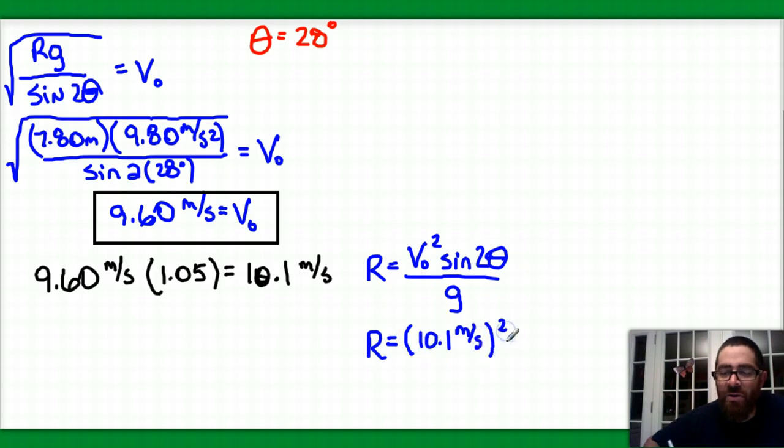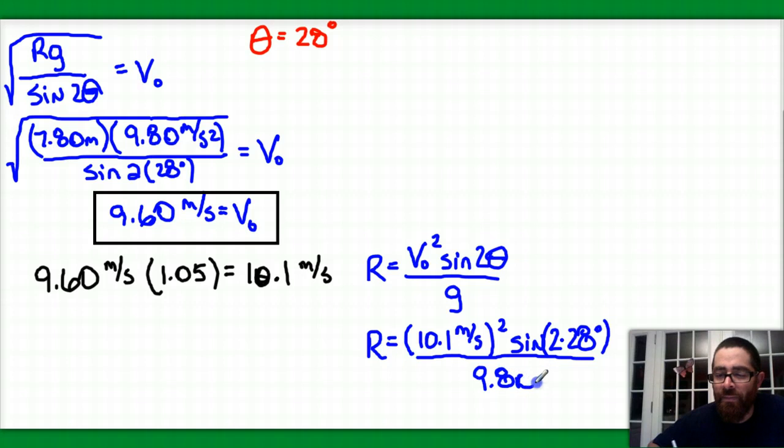I need to make sure that I remember to square that. The sine of 2 times 28 degrees, again, that's going to be 56, and all over 9.8 meters per second squared.